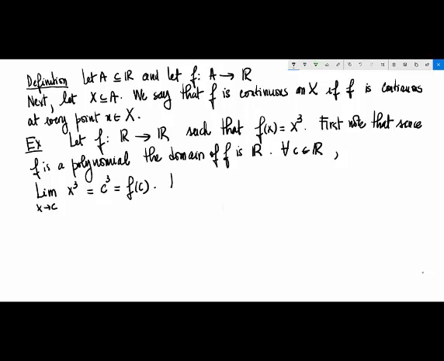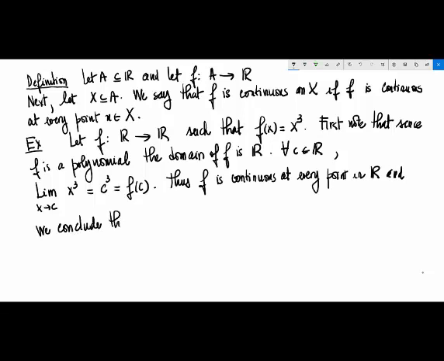So thus f is continuous at every point in R, and we conclude that f is continuous on R.